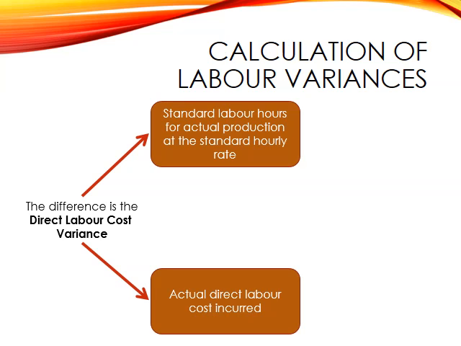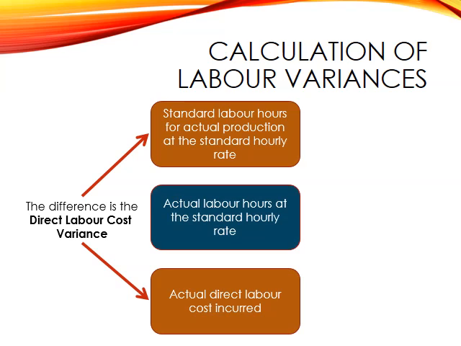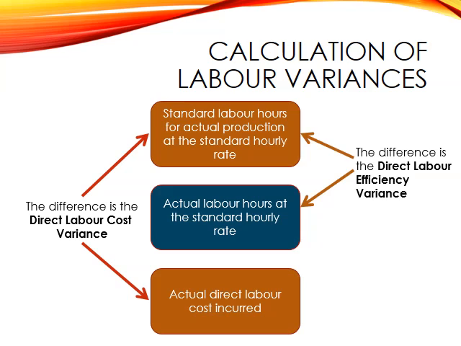And the difference between those two figures was the direct labour cost variance. Now if we're going to split that into two different elements, we need to calculate a third figure. And the figure that we calculate is the actual labour hours at the standard hourly rate. Once we have that, we can now calculate both our labour efficiency and labour rate variances.